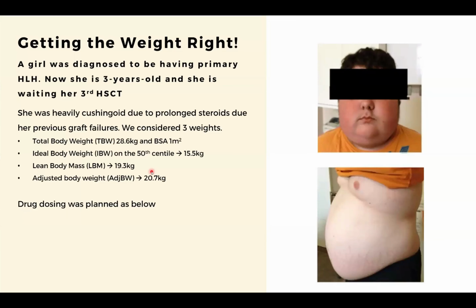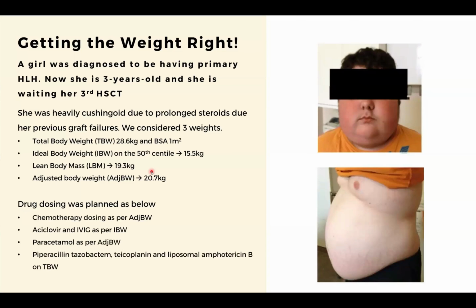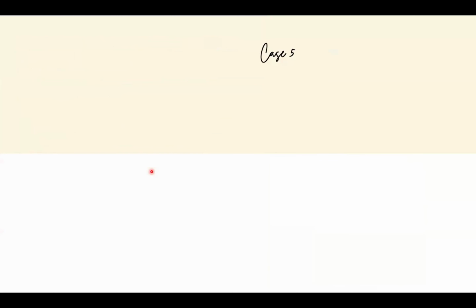So knowledge of pharmacokinetics and dynamics is very important. Chemotherapy dosing was prescribed as per the adjusted body weight, acyclovir and IVIG as per the ideal body weight, paracetamol as per the adjusted body weight, and piperacillin-tazobactam, teicoplanin, and liposomal amphotericin as per the total body weight.